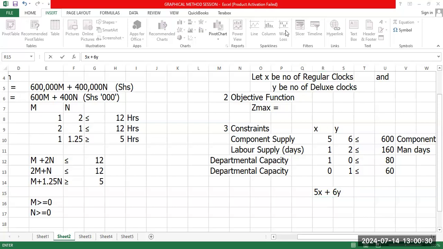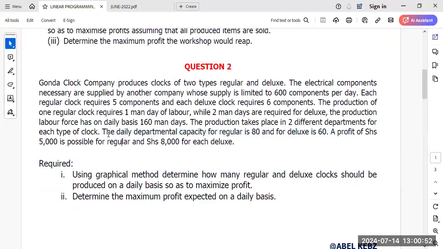Someone is asking. Yes, please, I'll explain. Yes, Abby, how have you got it on the capacity? Okay. Capacity, I said, when you observe the statement given, from here up to here, they are telling us that the production takes place in 2 different departments for each type of crop.